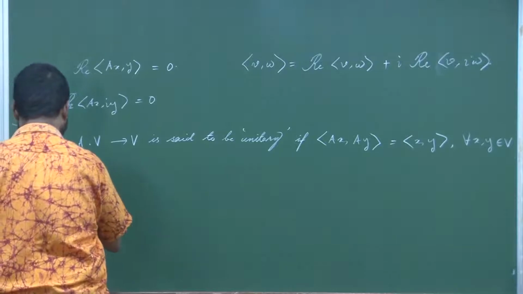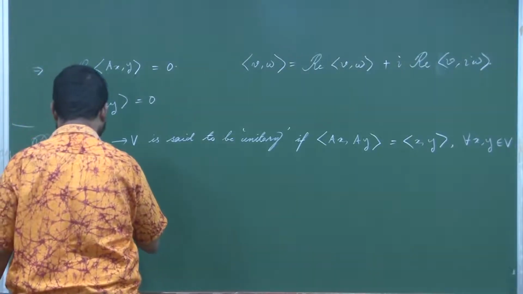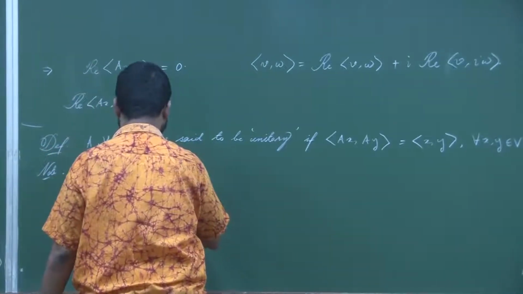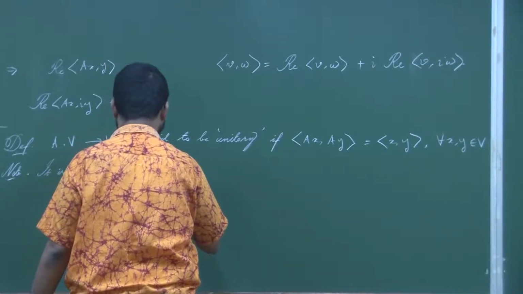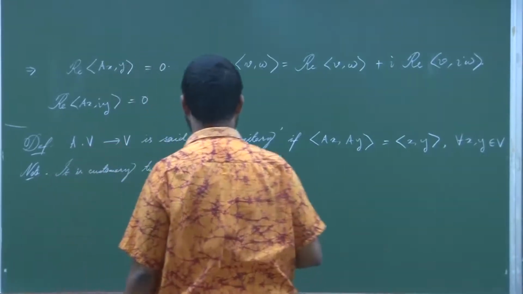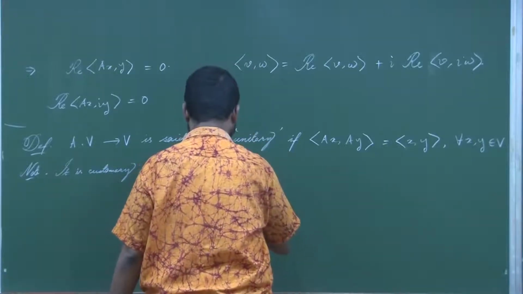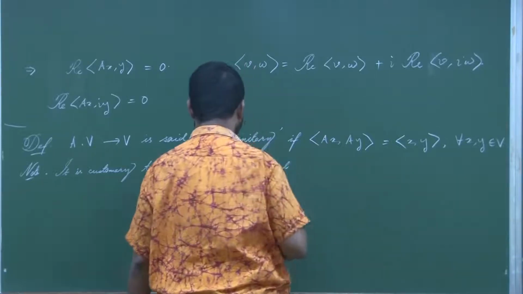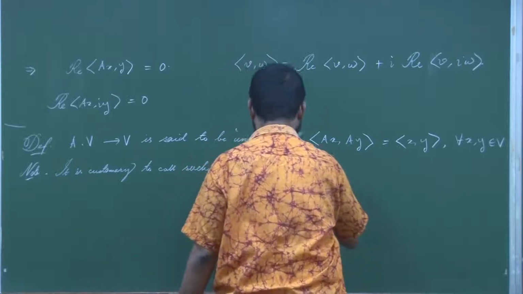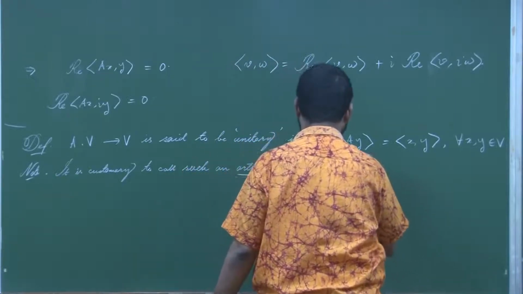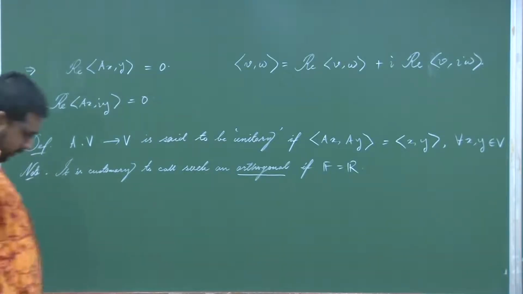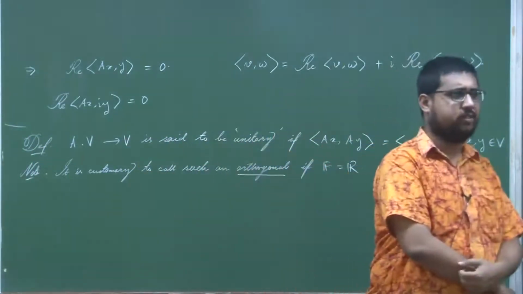It is customary to call such an operator orthogonal if F is R. If F is R, then we will call it orthogonal. This terminology is just for this case, otherwise we will use the general one, that is unitary.